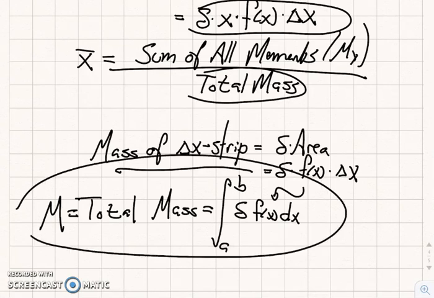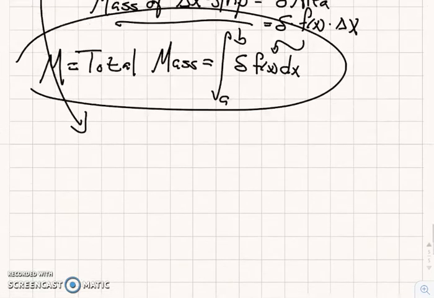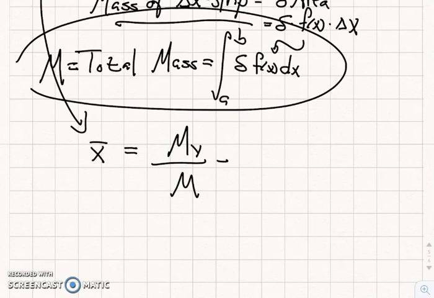So now let's put it together. We have this formula for x bar, the x center of mass. That's the sum of all y moments divided by the total mass. Sum of all y moments can be obtained by integrating our expression for y moment given above.